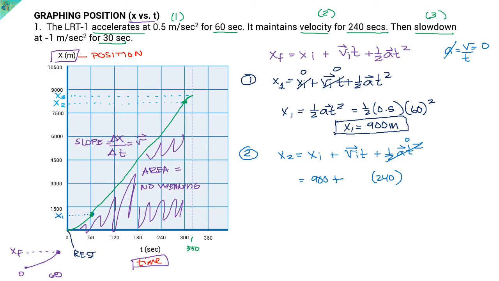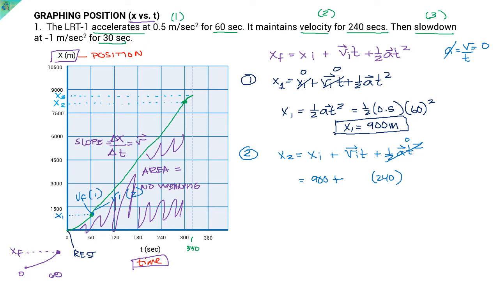Analyzing the first situation, and you go back to the first situation here, you're going to observe that the final velocity of our situation 1 is actually the initial velocity, vi, of our situation 2, right? Again, let me repeat that.